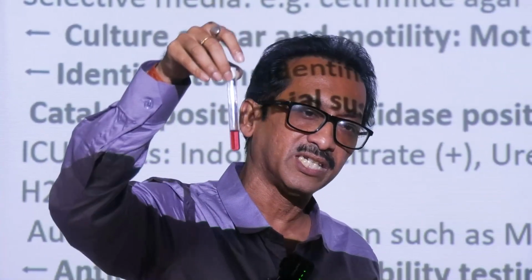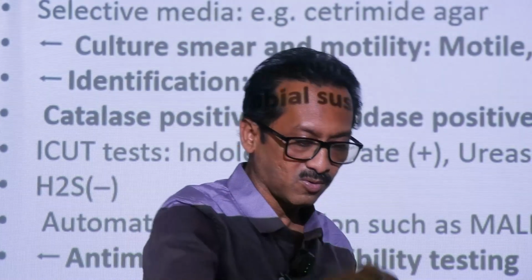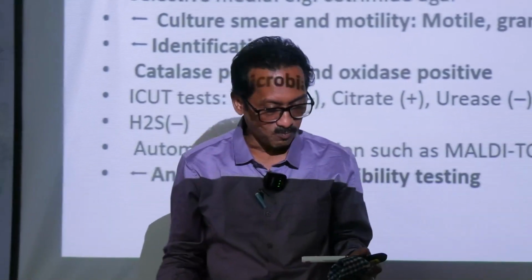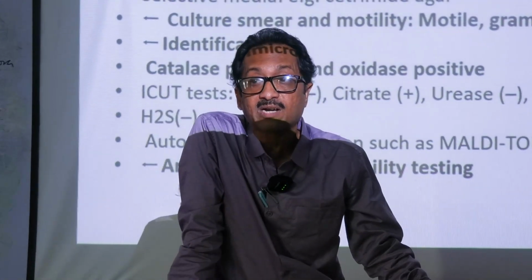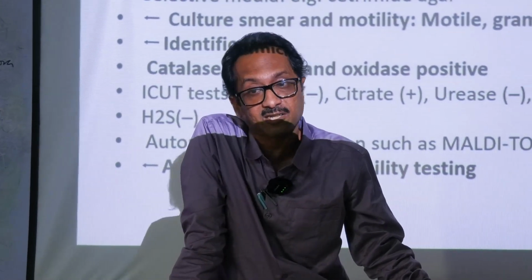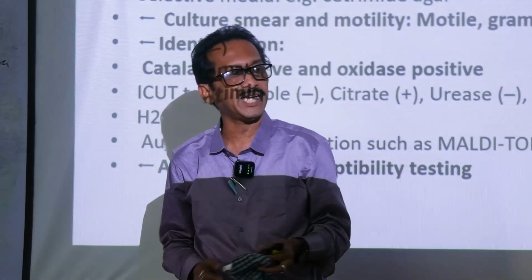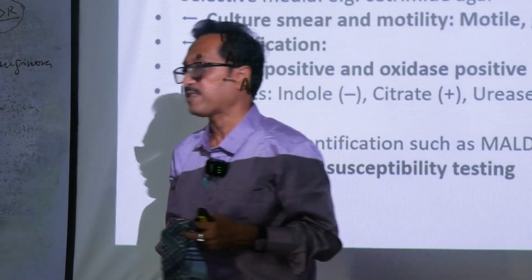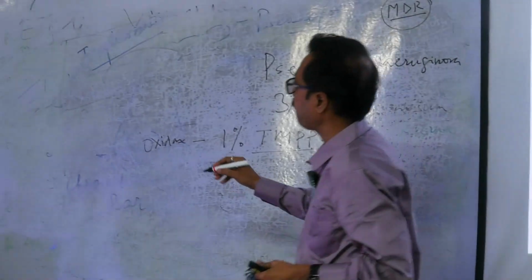Glucose is used oxidatively. If you answer very well, they may ask, how can you check the oxidative utilization of glucose? In this media you cannot check the oxidative. For that you have to use the OF media.